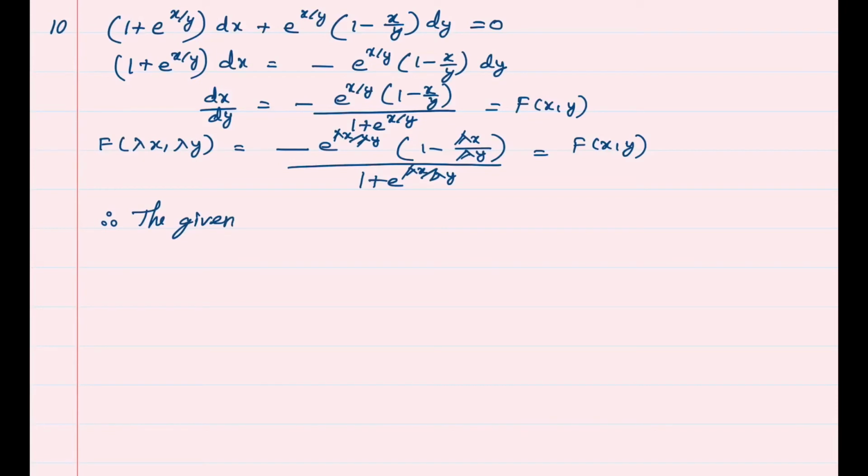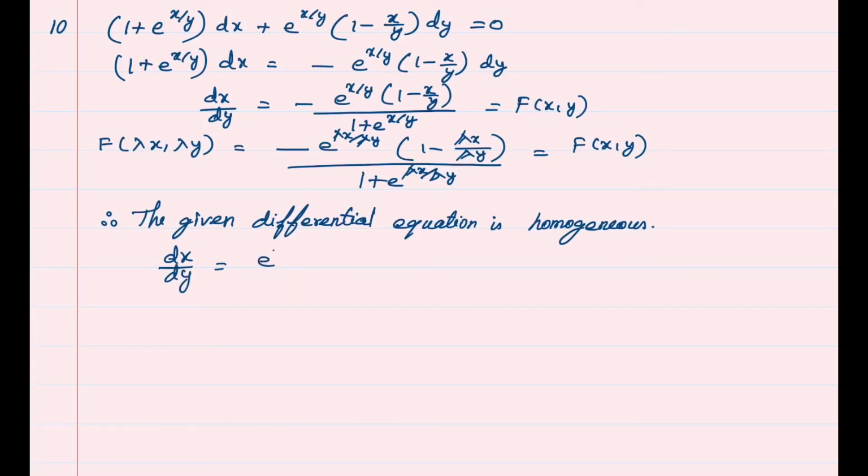Therefore, the given differential equation is homogeneous. Dx by dy is, we will distribute that negative sign, e raised to x by y, it becomes x divided by y minus 1 divided by 1 plus e raised to x by y.